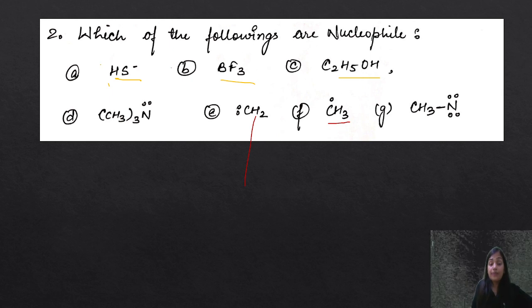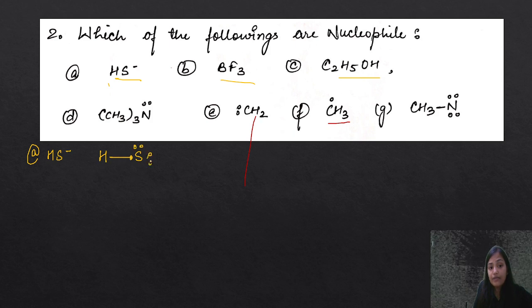So here let's see option A, that is HS negative. In the case of HS negative, when you draw the structure, we have sulfur with 1, 2, 3, 4, 5 and 6 electrons. Here sulfur is sharing one more electron with the hydrogen, getting 7, and because of the negative charge it gets 8 electrons. Hydrogen has 2 electrons.